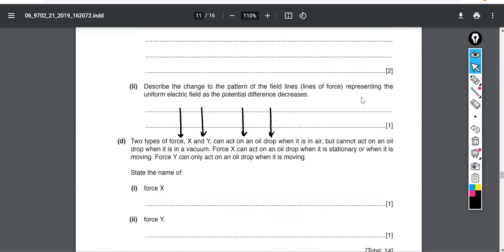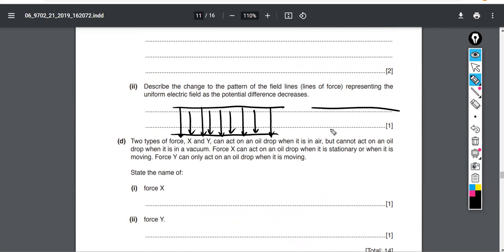The change to the pattern of field lines representing the electric field as it decreases: because the field is getting weaker, there'd be fewer lines or more space between the lines, however you want to state that. Instead of having something like, in a uniform field, they should be about equally spaced, you have something like that.